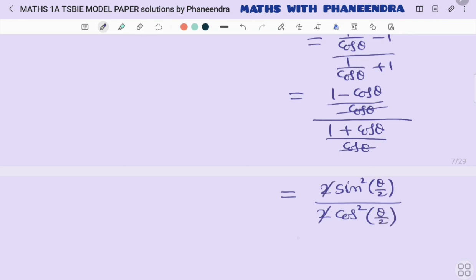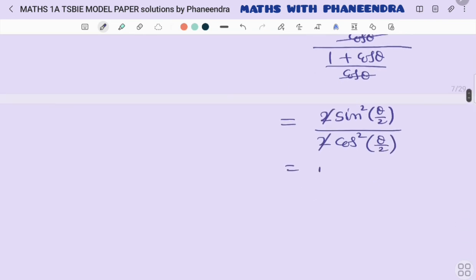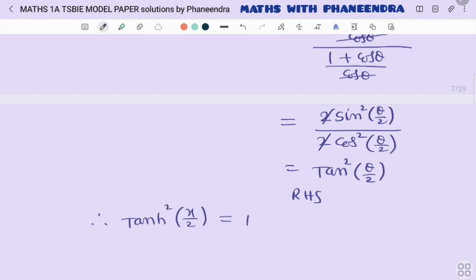So the 2 gets cancelled. Sin square theta by 2 by cos square theta by 2 is tan square theta by 2. This is the required RHS. Therefore, tanh square x by 2 is equal to tan square theta by 2. Hence proved.